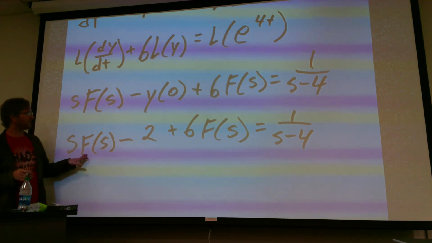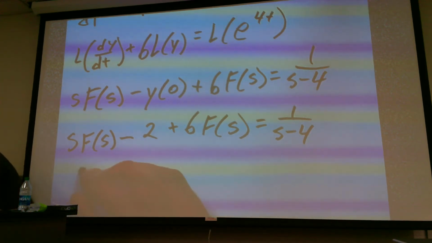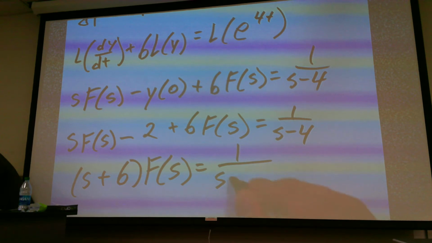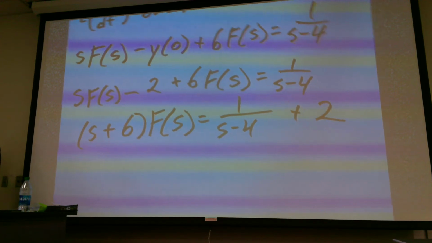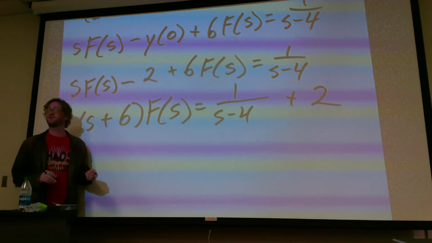And then I'll have s F of s plus 6 F of s, and that allows me to write that as s plus 6 times F of s, which is going to equal 1 divided by s minus 4. And like I said, I'm moving the 2 to the other side of the problem. Okay, so we're just going to pull that 2 over there, and then we're grouping the F of s's together.